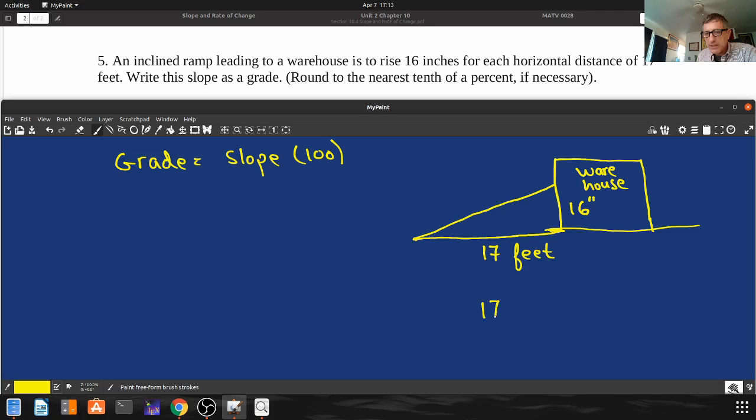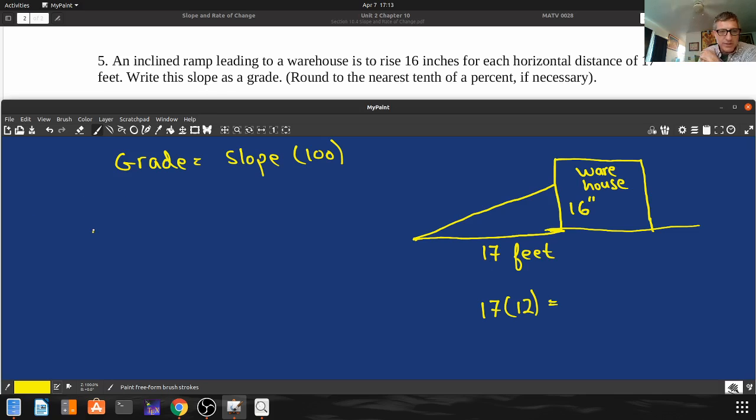So 17 times 12 is equal to, did I do this one? Oh my goodness, I'm embarrassed. I'm looking at my answers for this one and I didn't even notice that this was in feet and this one is in inches. I just did 16 divided by 17.